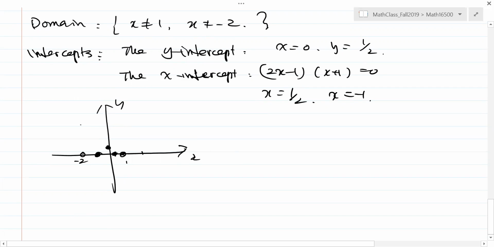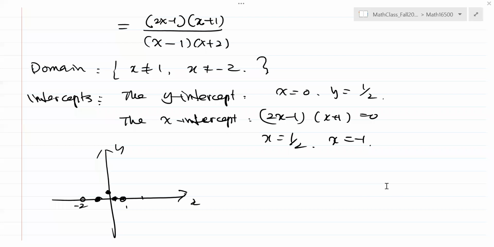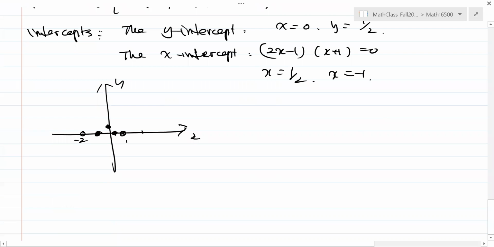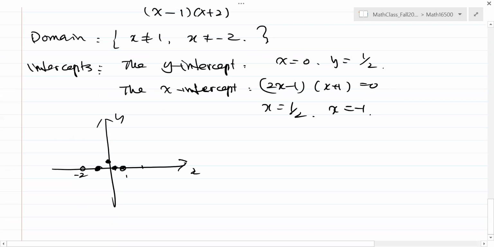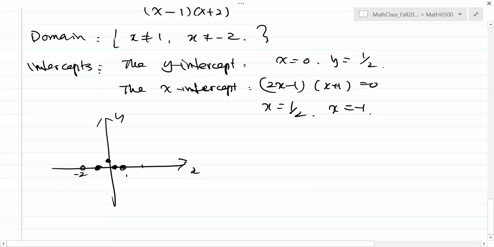But we know the function is not defined when x equals -2 and when x equals 1, because the domain does not include those two points.